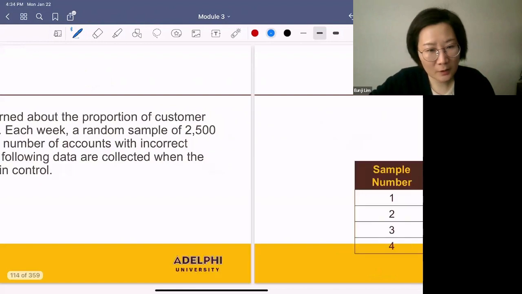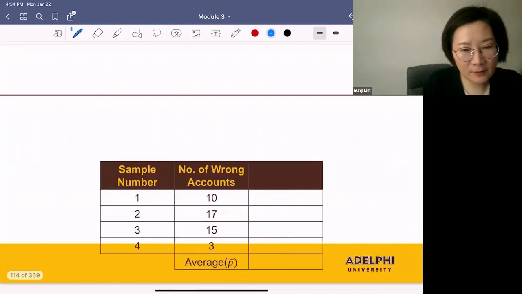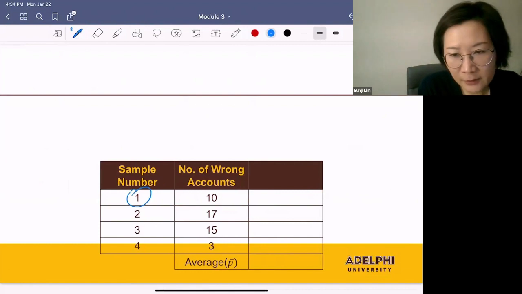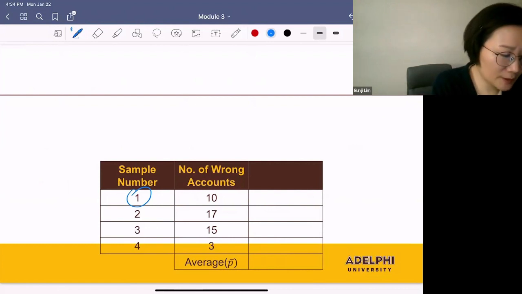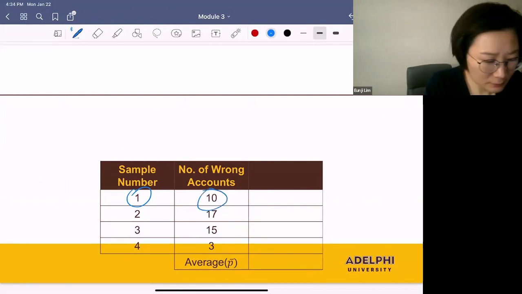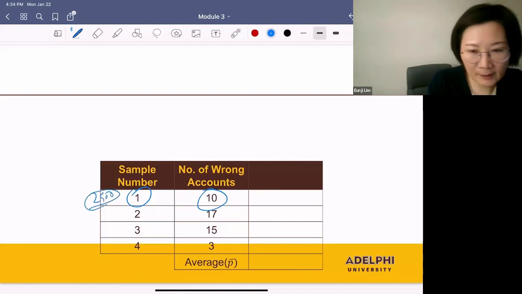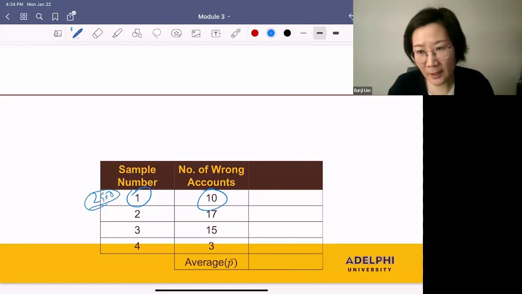So in the first week, we took a sample of 2,500 accounts, and of these 2,500 accounts, we counted how many of them are recorded wrong, and we found out 10 of them are recorded wrong. So does this mean we only have 25 accounts in this bank?